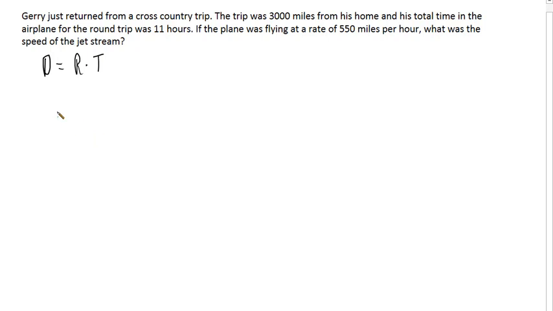So let's think about this. Let's say going away from home, let's assume for a moment that that was with the wind, with the jet stream. So the wind is helping.